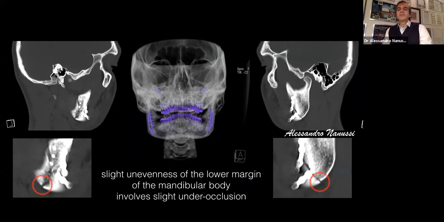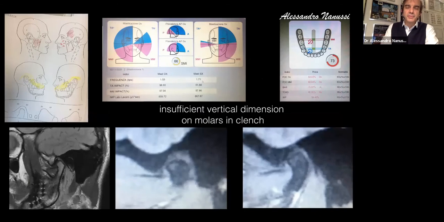This involves a slight under occlusion because the lower margin of the jaw is not perfectly overlapped, so he does not have enough vertical dimension.